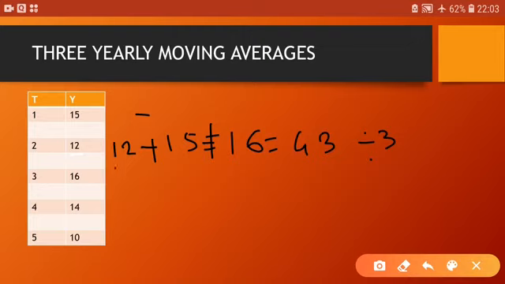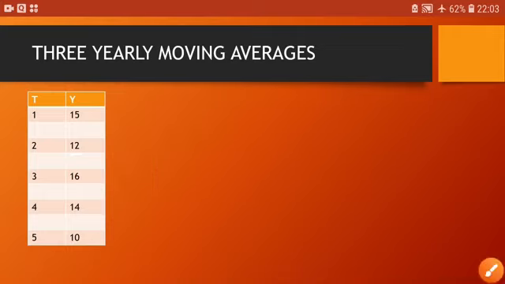In the next year also the same way. You have to take 16 plus 12 plus 14, so 16 itself, one up that is 12, and 14 down. So it is 16 plus 12 is 28, 28 plus 14 is 42, and 42 divided by 3. Then the next year, and the same in the next.